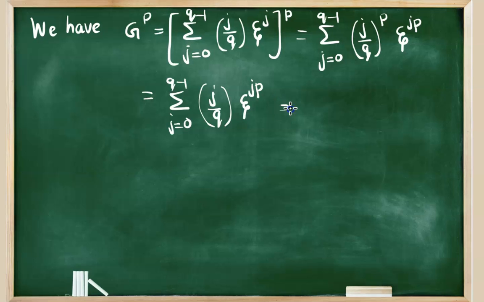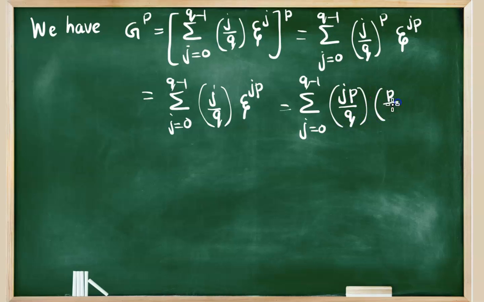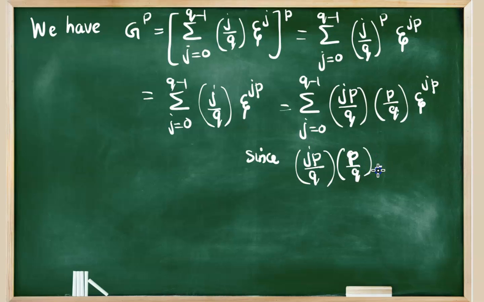Now this can also be expressed as summation j varying from 0 to q minus 1, Legendre symbol jp by q into p by q into theta raised to jp. Since we know that (jp by q) into (p by q) will be equal to Legendre symbol j by q into Legendre symbol p by q into Legendre symbol p by q, that is Legendre symbol p by q squared, and this square will be equal to 1.